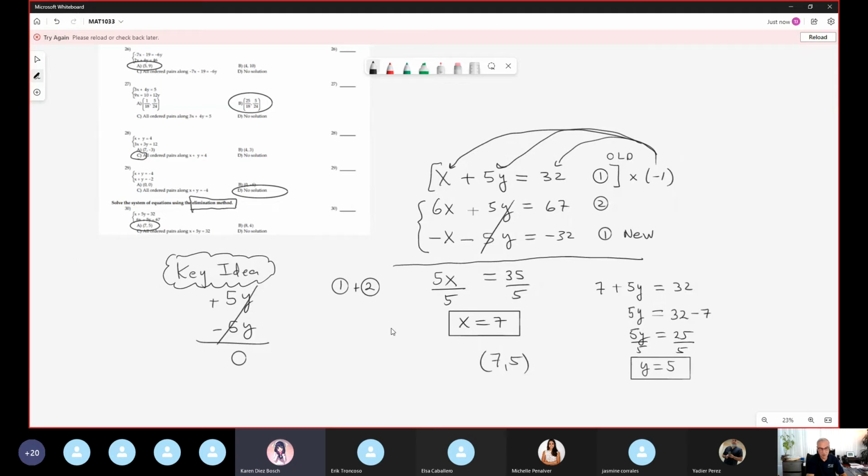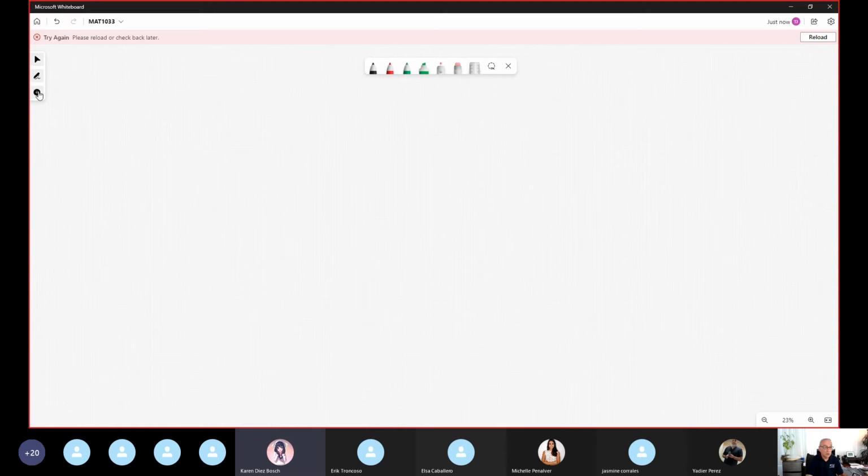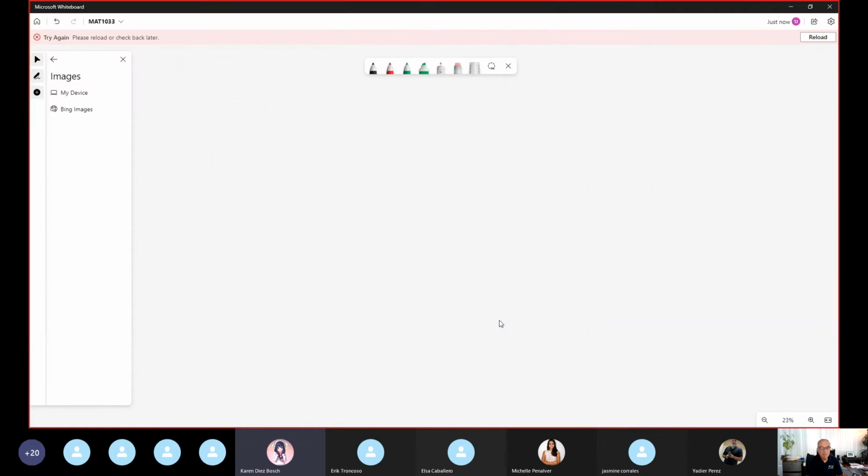The important thing for me is the final answer. So my recommendation is elimination the majority of the time, and sometimes substitution is easier. Okay, let me try the next page. The next page is this, I guess.